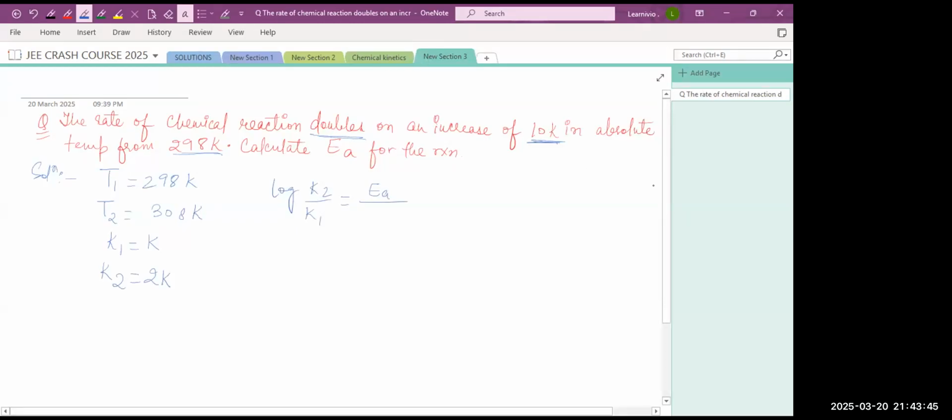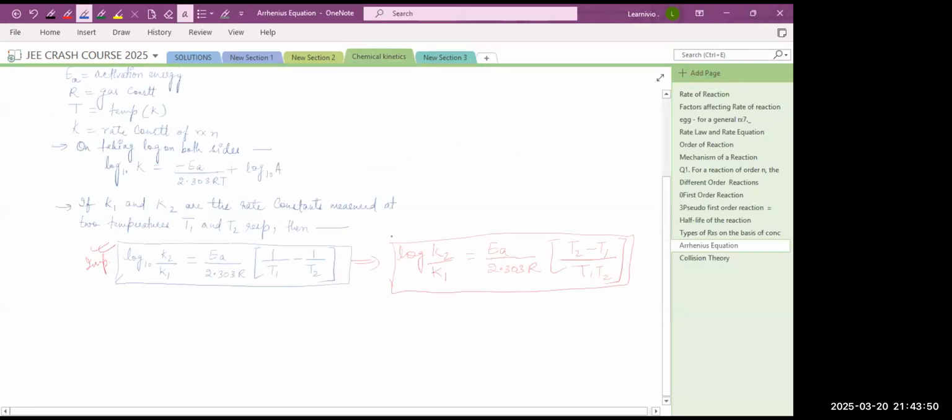One more thing. By solving 2.303 and the gas constant value, you will also get this formula, 19.14, right? So you can use this formula also.